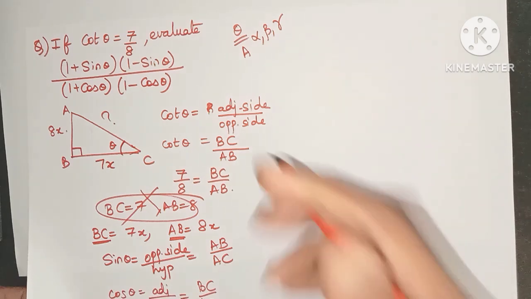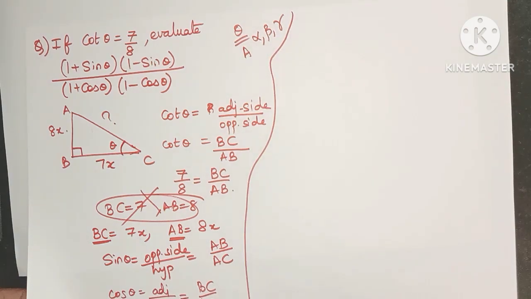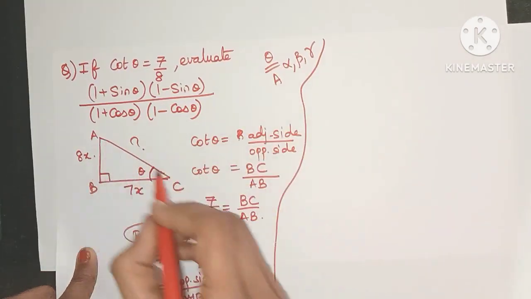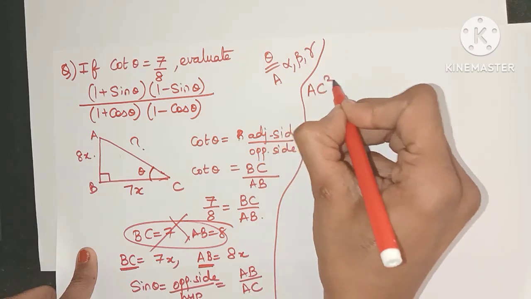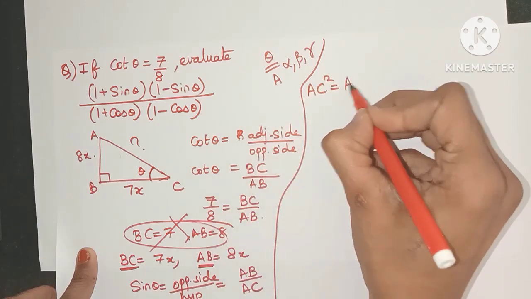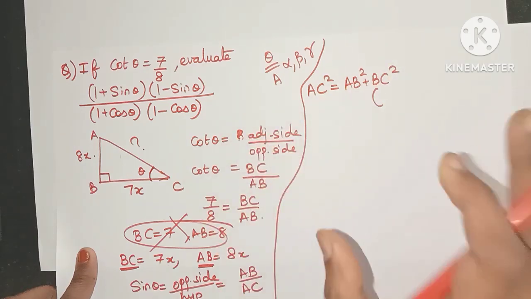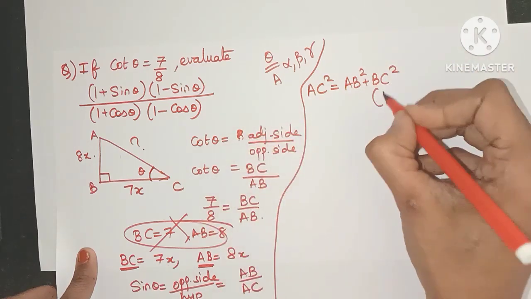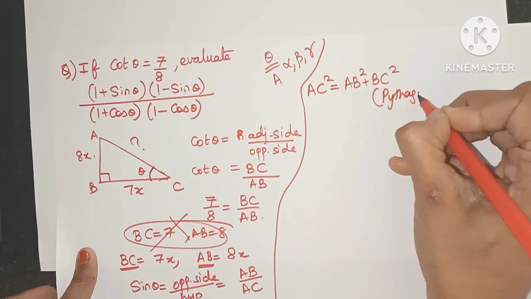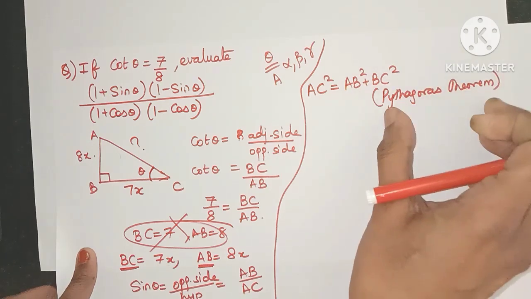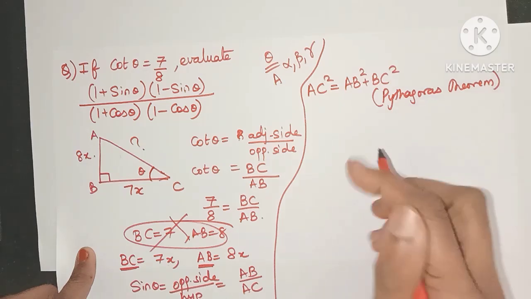Yes, the Pythagoras theorem will come to help you. What does the Pythagoras theorem state? The square of the hypotenuse, that is AC square, is equal to AB square plus BC square. Friends, always if it's a theory paper, make sure to write the reasoning, okay? Whatever theorem or property you're using, make sure to write its name in the bracket.